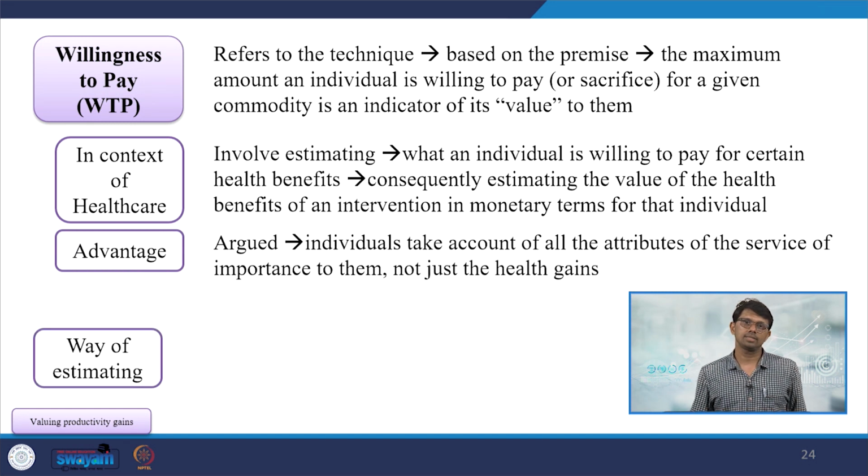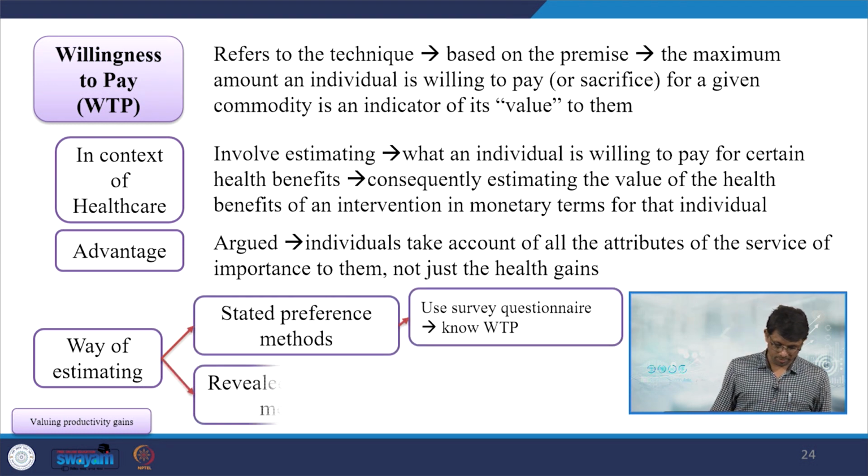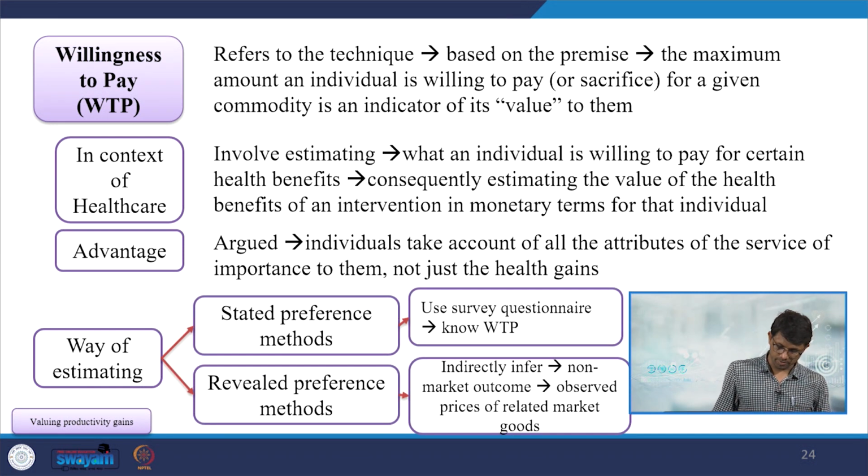The advantage is that the individual takes account of all the attributes of the service that are important to them and not just the health gains. So, the estimation ways are stated preference and revealed preference methods.